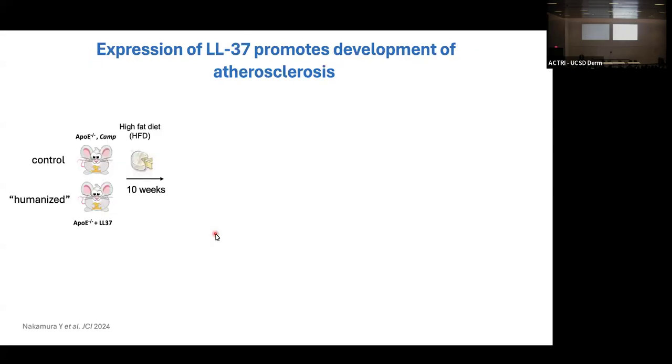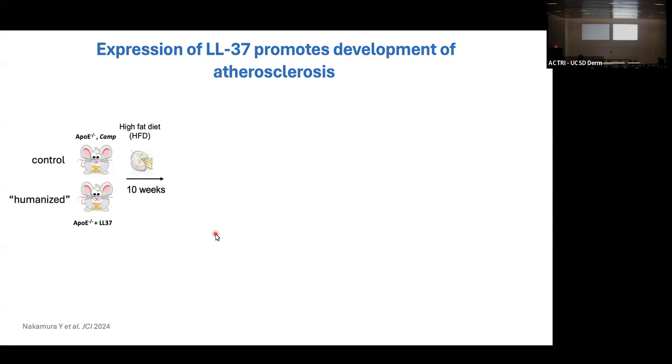So flash forward another several years, we made a humanized mouse by taking the human gene for the LL37 that causes LDL shape changes and inserting it into the same position in the genome where the mouse one was. So now we made a humanized mouse that looks like it makes the human version of this LL37. And then you have it go on a high-fat diet for 10 weeks.